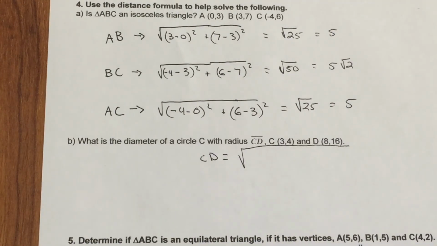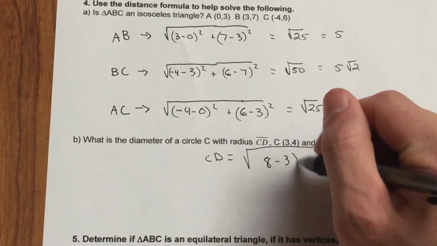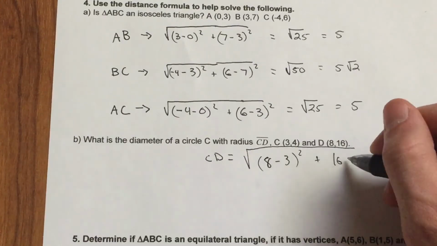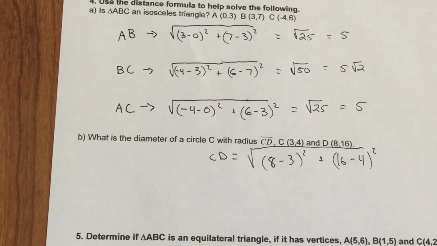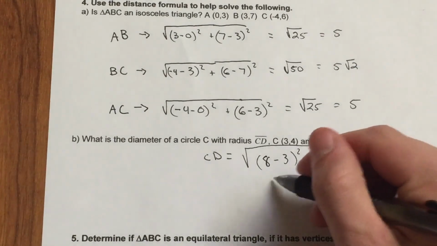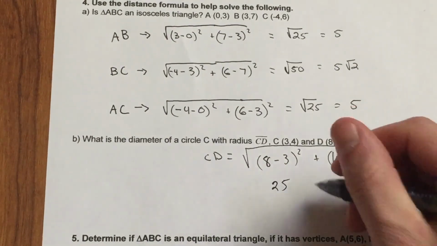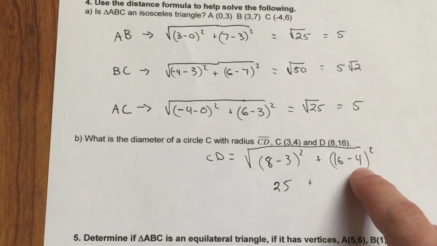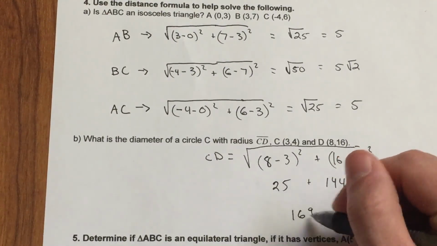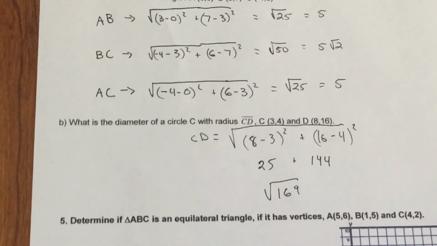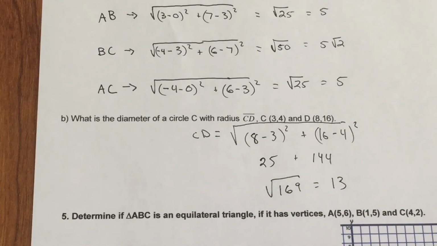Well, that length is the distance from C to D. Calculating this value, we would get 5 squared, 8 minus 3 is 5, 5 squared is 25. 16 minus 4 is 12, 12 squared is 144, and we get 169, or 13.